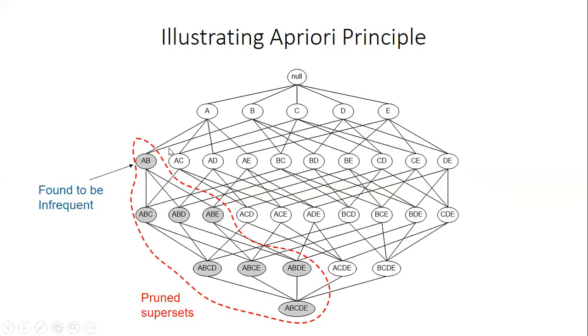When we prune the supersets, this many item sets are eliminated from the database. Here 1, 2, 3, 4, 5, 6, 7, 8. Out of 32, 8 item sets have been eliminated, so we are left with only 24. For the next scan, we have to scan only 24 item sets, not 32.